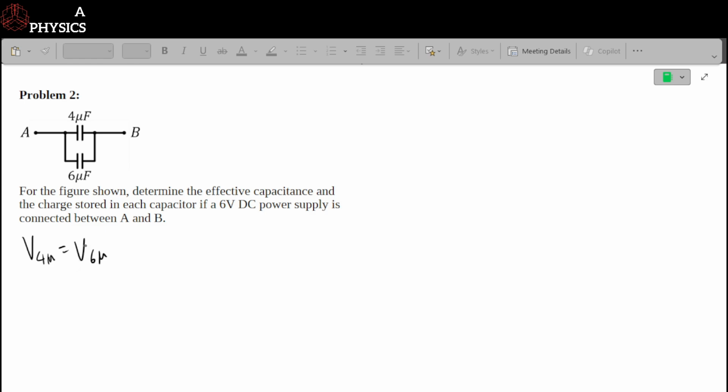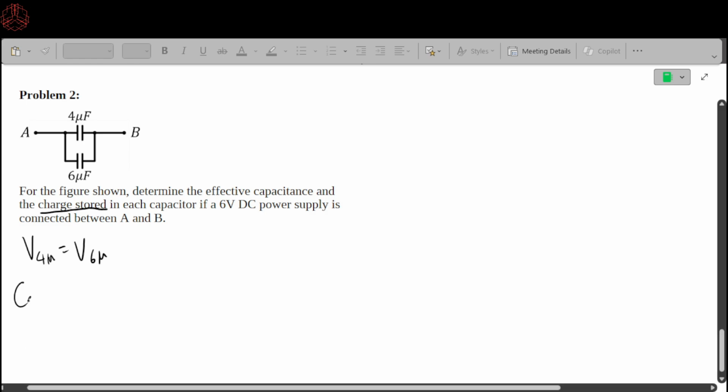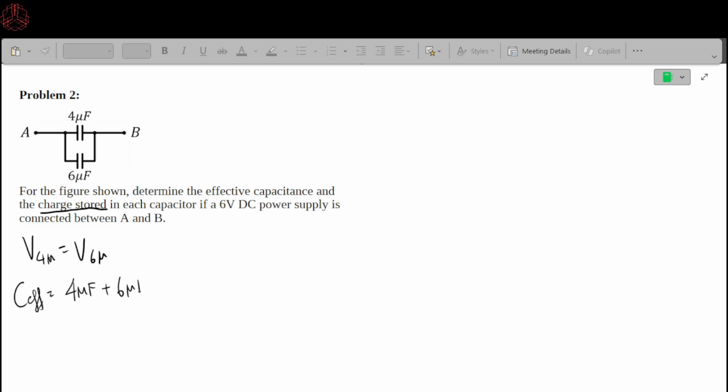Instead, they're going to ask for the charge stored. Let's first look for the effective capacitance. It is simply 4 mu farad plus 6 mu farads, which means it's 10 mu farad. That's all there is.